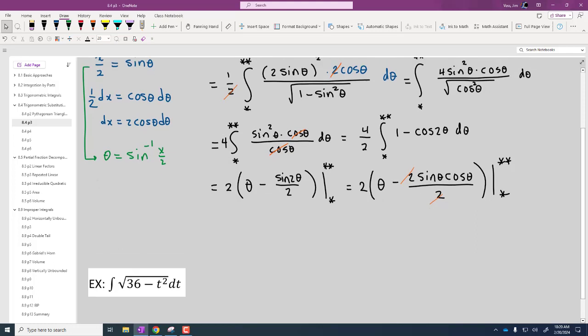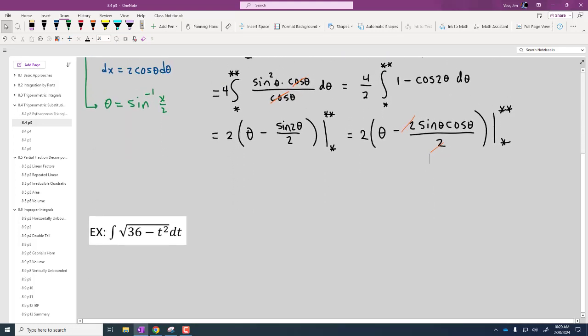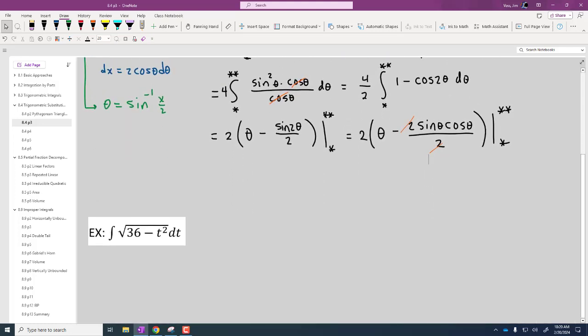When you look at this u sub, or whatever, theta sub, trig sub, we have sine. We don't have cosine. We have sine. Here is the last step for trigonometric substitution. And what we want to do, and it will always work, is that we draw a right triangle as if it is in quadrant 1.